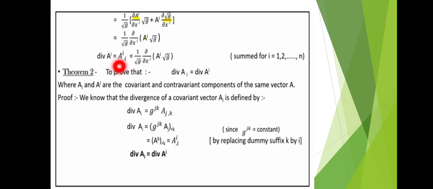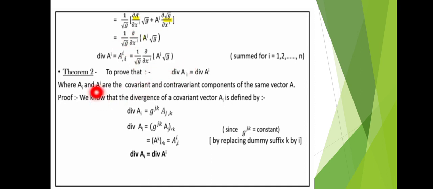So here we get 1 upon under root g del by del xi of AI under root g. So now we get divergence AI is equal to 1 upon under root g del by del xi bracket AI under root g. This is summed for 1 to 2 to n terms. So this is the proof of the first theorem.